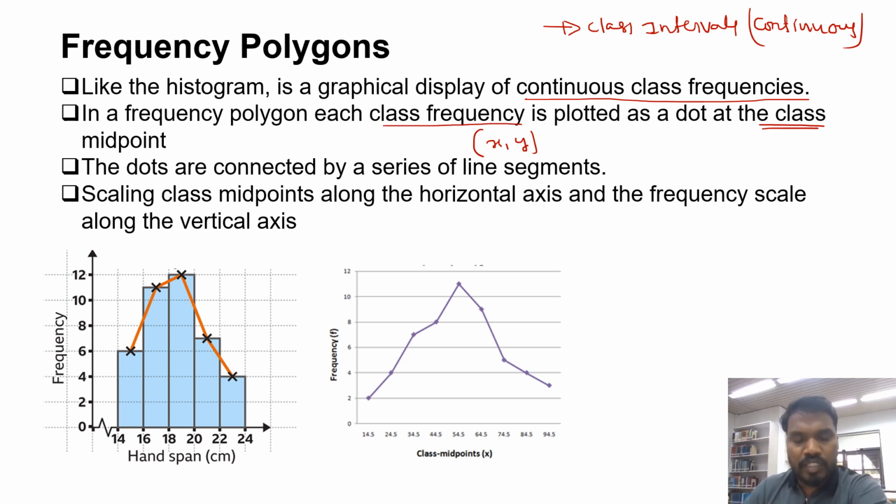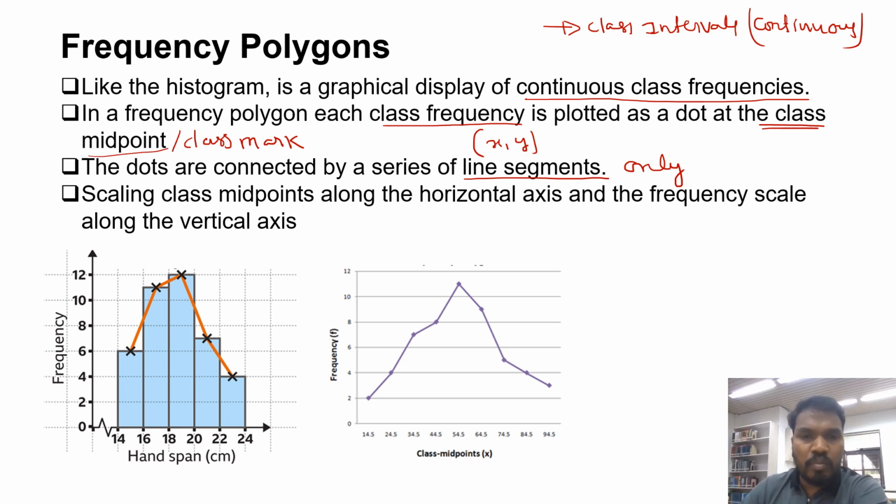That means in frequency polygons, we plot class frequencies with the corresponding class midpoint or class mark. The class midpoint is nothing but the class mark. Then we connect these dots in the form of line segments only.